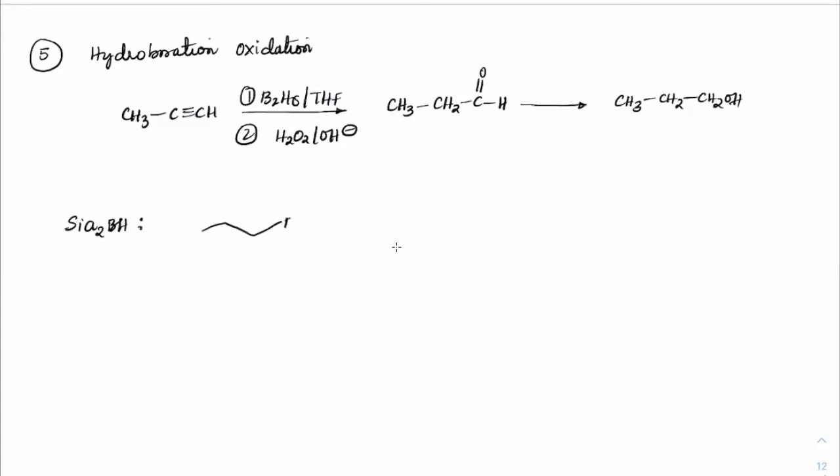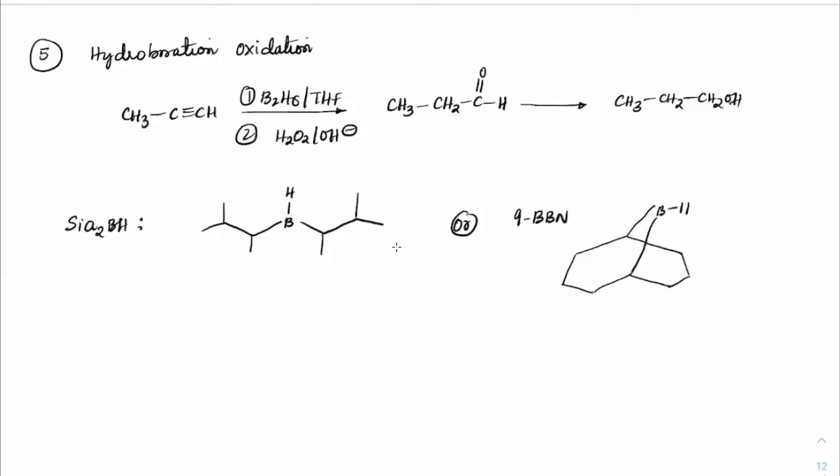Basically the structure is this way, with a group here and a group here, and H. So this is the secondary isoamyl group. Or we can also use 9BBN. The structure is this way, both connected with boron and hydrogen.